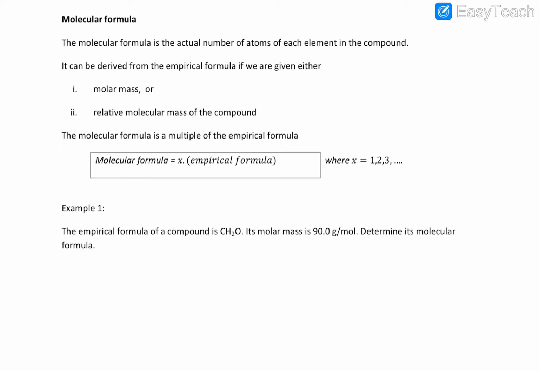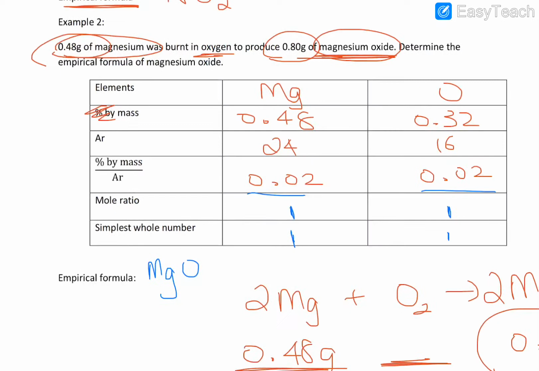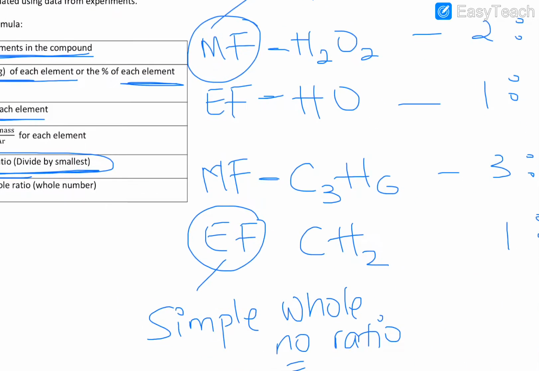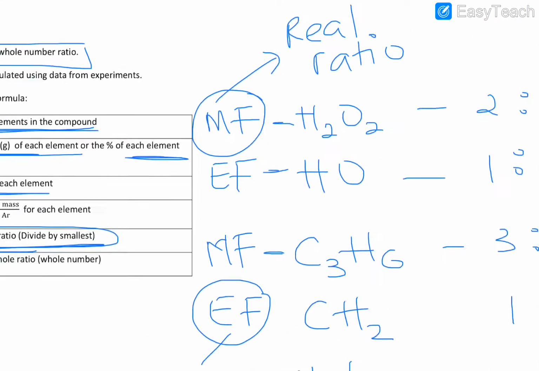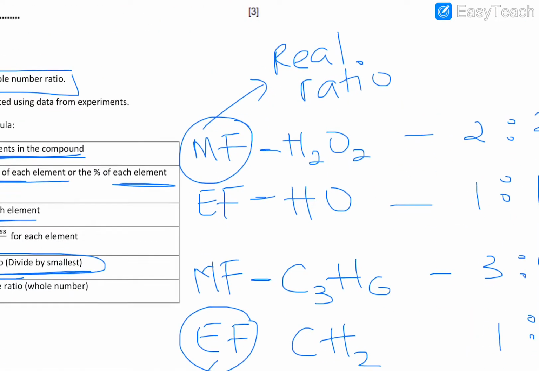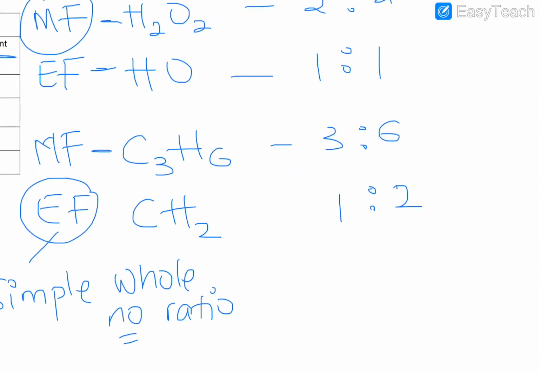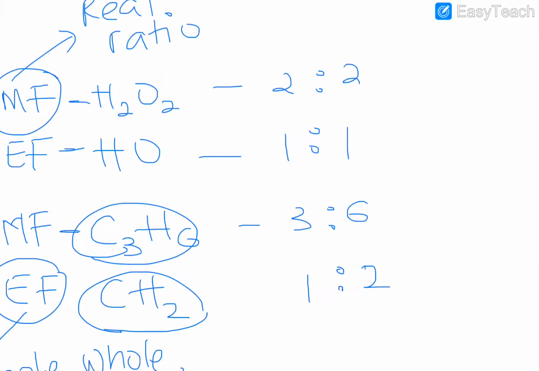Now, molecular formula. Like we've seen, the empirical formula is the simplest whole number ratio, but the molecular formula is the real ratio of atoms in that molecule. If you look at these, you will see that the molecular formula is a multiple of the empirical formula. Here we're multiplying by 3.